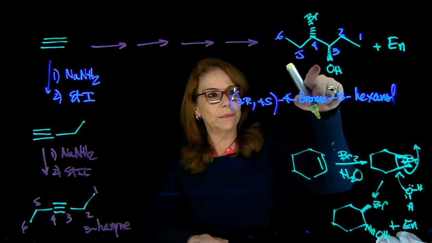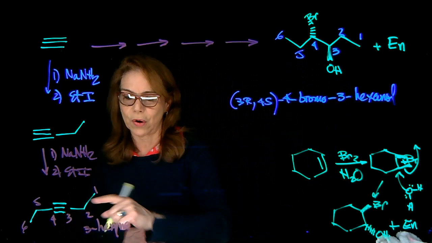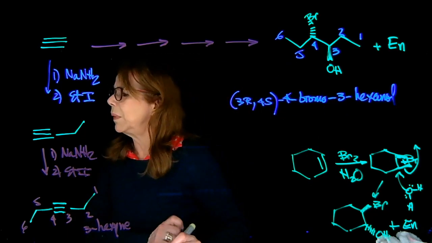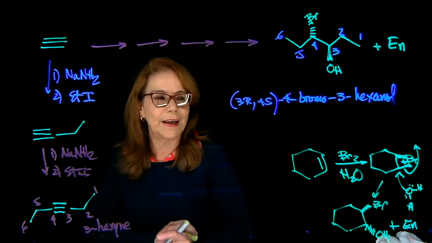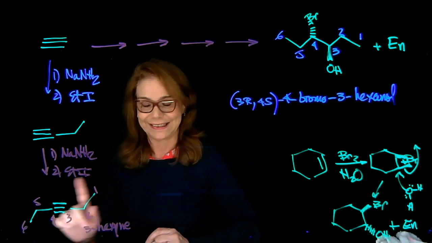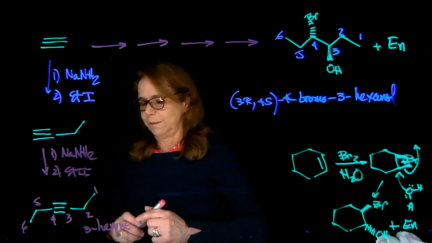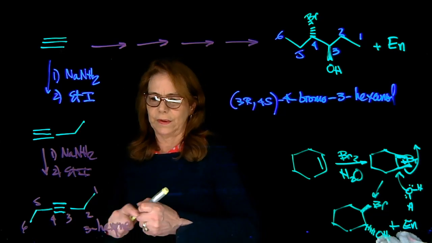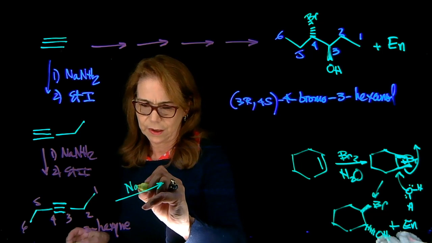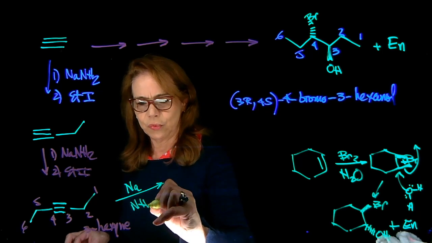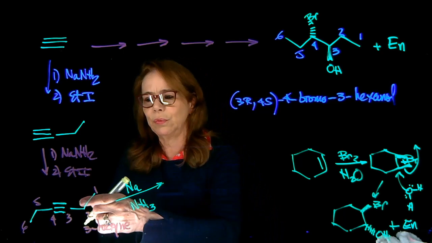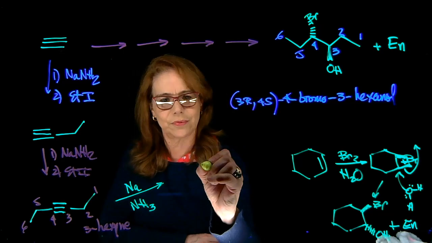But to be able to do that, I need to transform the alkyne into an alkene. But what type of alkene will ensure me to do that? So in this case, we're going to be using, let's write it here, sodium and ammonia, which gives you a partial hydrogenation, but you will form the trans isomer.